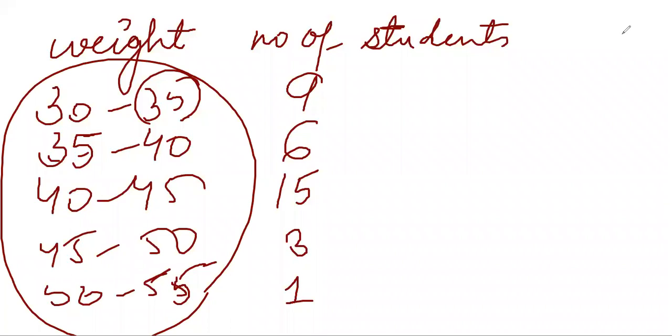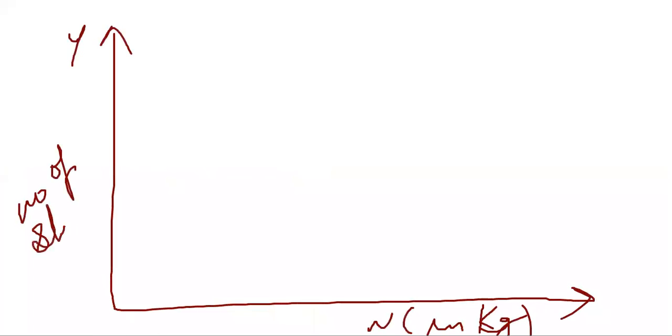Then how to make the graph here? On x-axis we'll take weight in kg, on y-axis we'll take number of students. On the x-axis it starts from 30. So first of all, we'll take here a kink line because we are taking a long gap from 0.